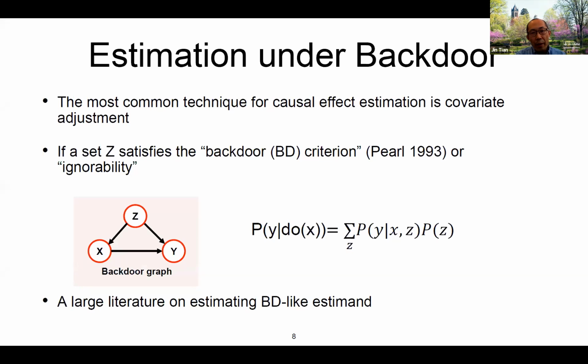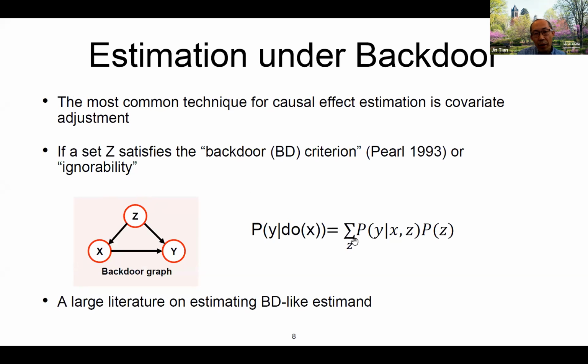We draw our inspiration from the large literature on estimating causal effects through covariate adjustment, which is currently the most common technique for causal effect estimation. Here we assume there exists a set of covariates Z which satisfies the so-called backdoor criterion, or ignorability in the statistical community.